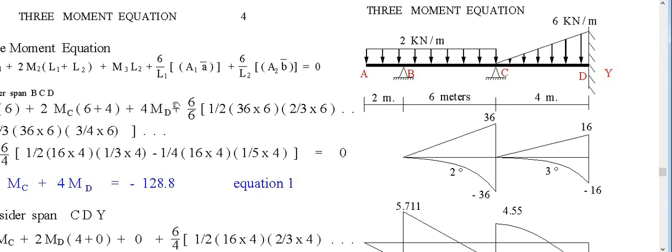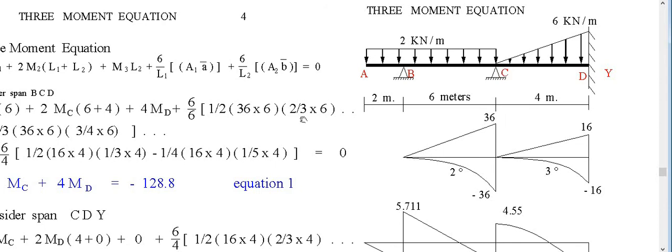Then for the constant on the left, 6/6, this is the left side of the two spans. Then the area is 1/2 times 36 by 6, times the distance of 2/3 of 6.